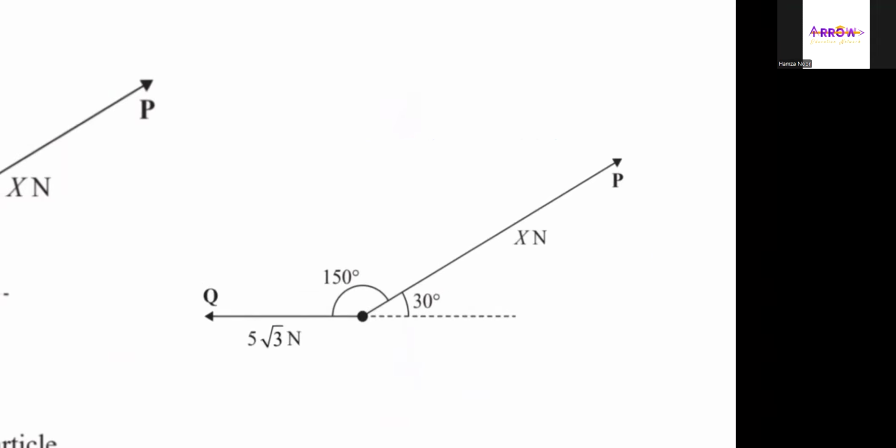The idea behind this is that I'm going to pick up this P force from this point and place it at the head of Q, in the same line of action, exactly parallel to the original force P. All right, so I will place this force P over here, and I'll make sure to make it more accurate.